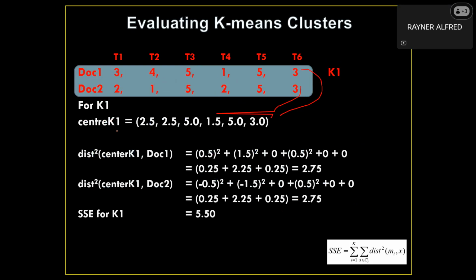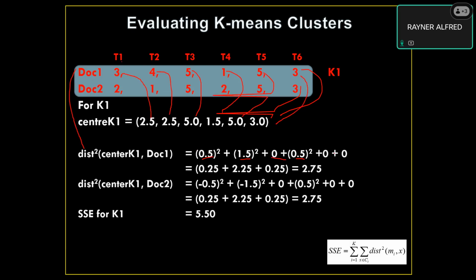Using the sum of square error formula that we have, for document 1 to center 1, this is 3 minus 1.5, 4 minus 2.5, 1.5, 5 minus 5, 0, 1 minus 1.5.